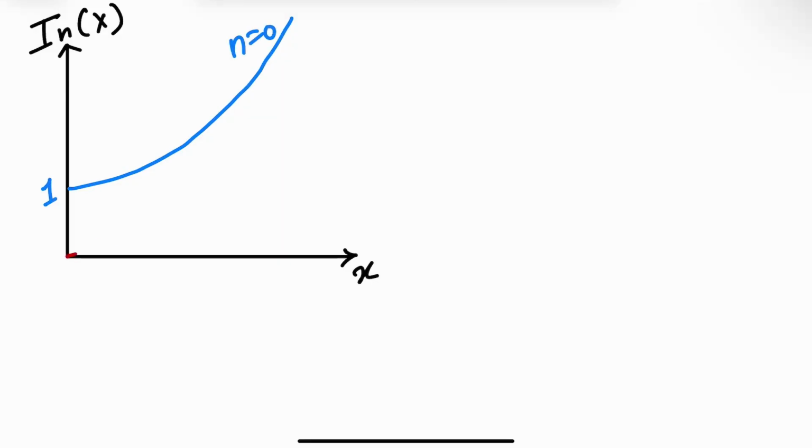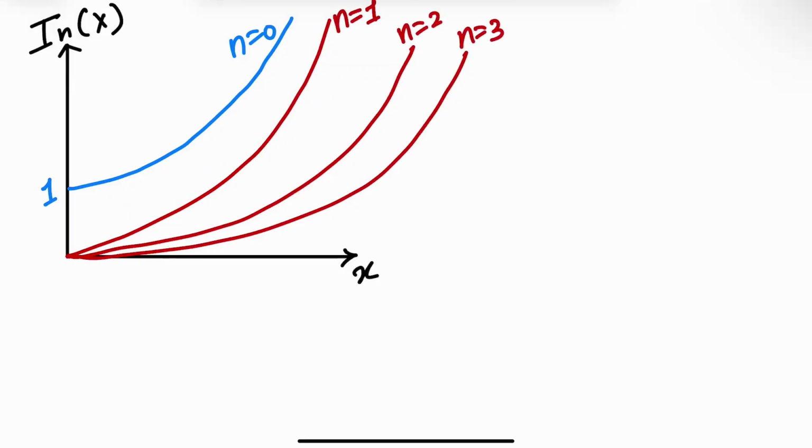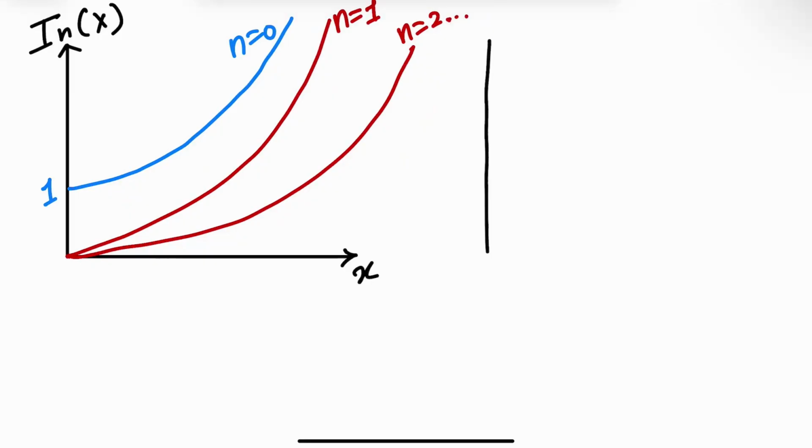And all the other values start at 0: n equal to 1, n equal to 2, n equal to 3, and so on. Okay, maybe I'll erase the last one. And similarly, you also have K n of x.